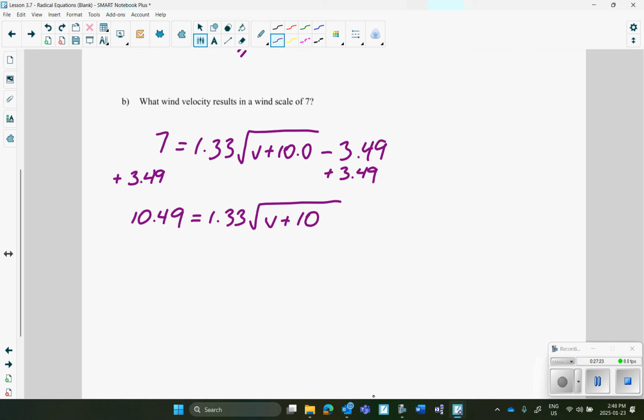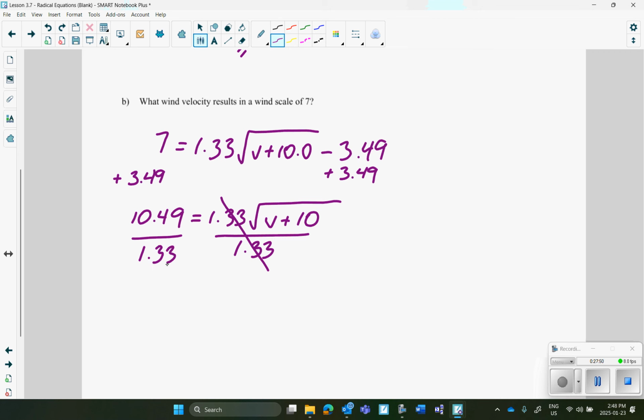What do we get rid of next? Gotta be careful here. We don't want to square both sides yet because not everything outside the square root has been gotten rid of yet. Divide both sides by 1.33, and you get the square root by itself.